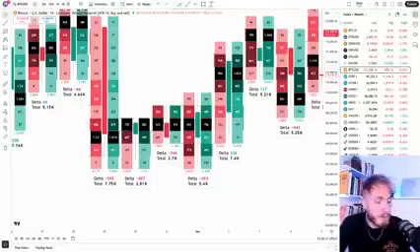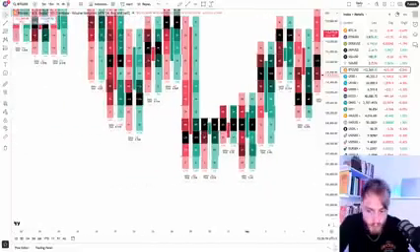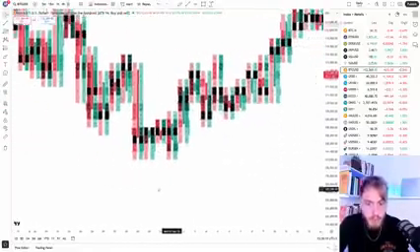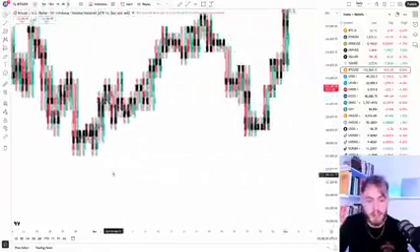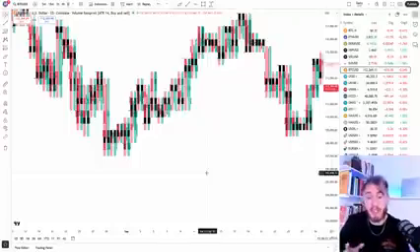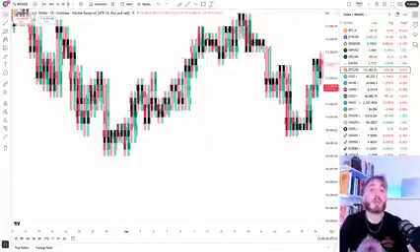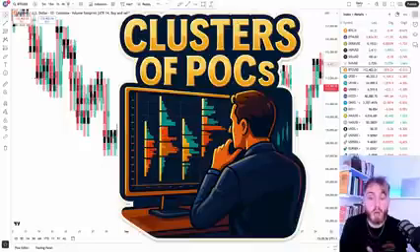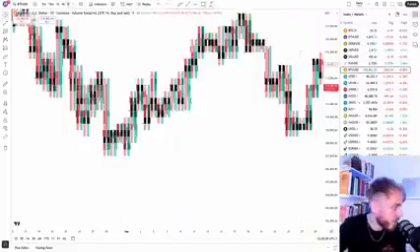But now for this trading strategy, I want to show you one way you can use volume footprint to find support and resistance. And this is a very simple trading strategy, super easy. What you want to look out for here is clusters of point of control. This is super easy to spot.